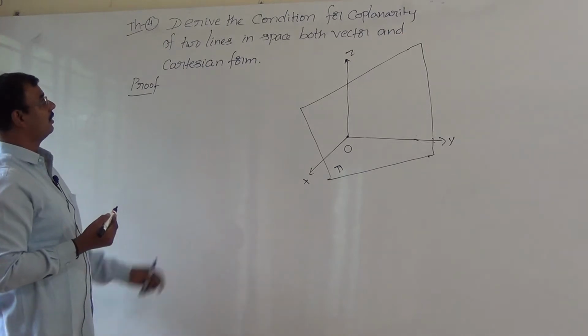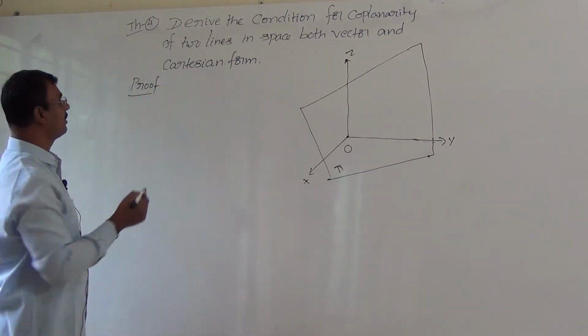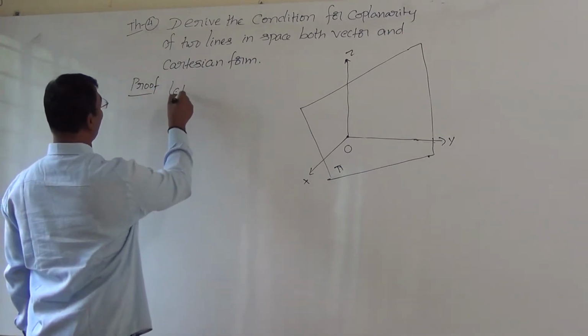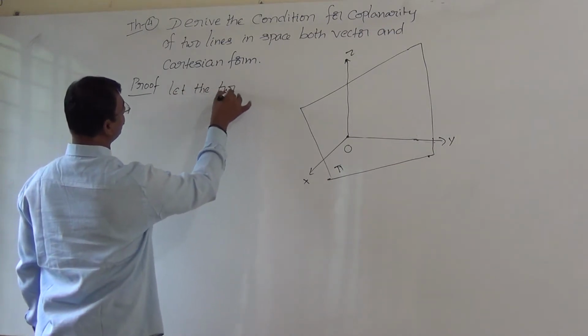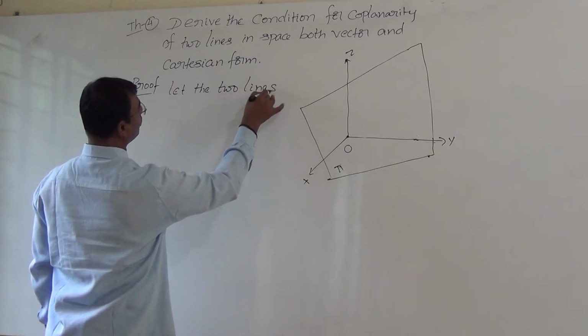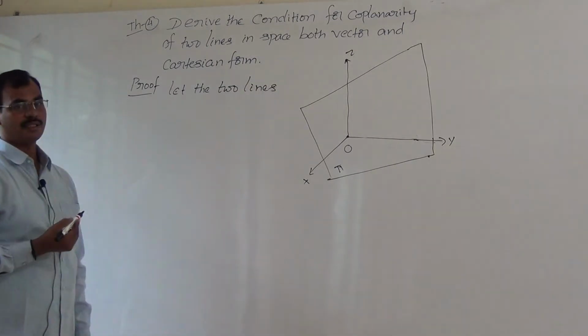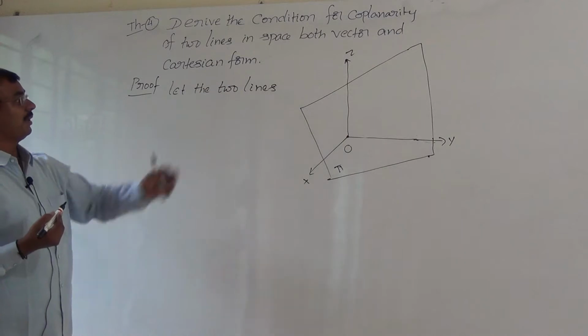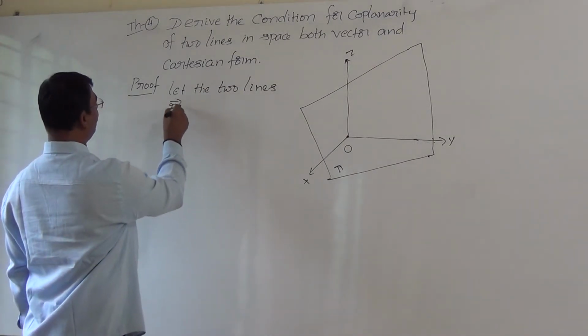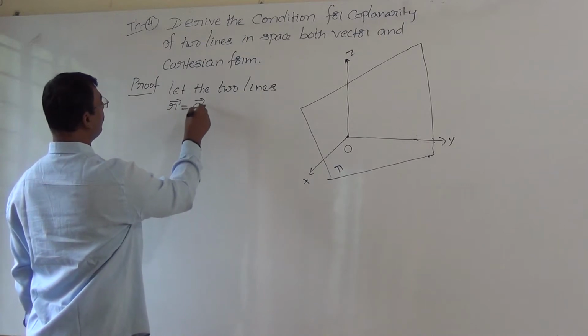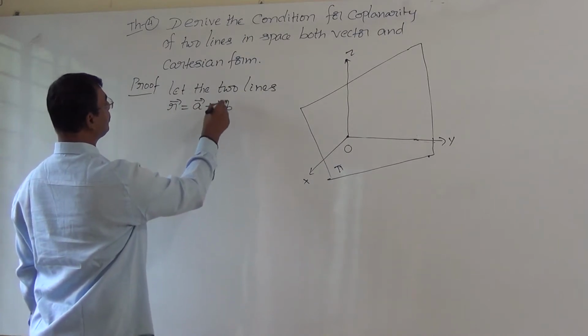I consider two lines. Let us take the two lines we have to consider. What is the equation of a line in standard form? R bar is equal to A bar plus lambda times B bar.